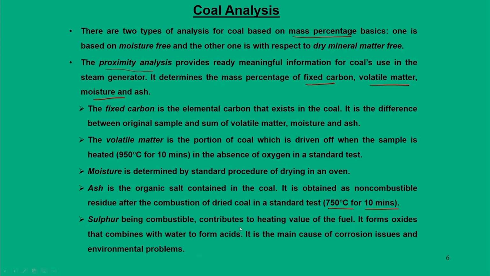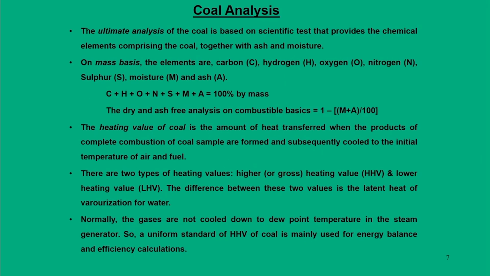It is combustible and contributes to the heating value of the fuel, but it forms oxides that combine with water to form acids. This is the main cause of corrosion and environmental problems. Corrosion issues are highly possible in various components of steam power systems, so the sulfur has to be removed during the burning process.